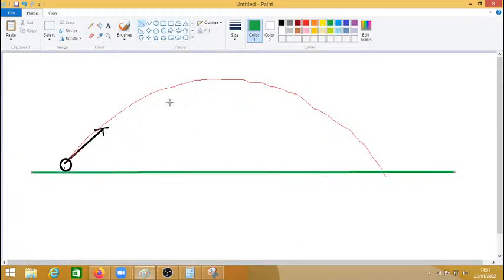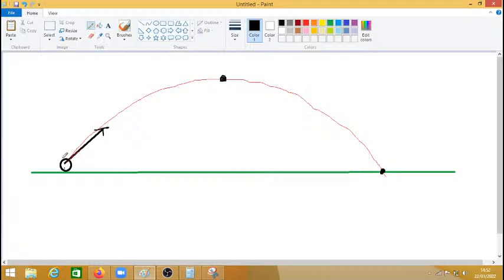So if you think of that really nice rainbow type path that it follows, then what you have to understand is that in the middle, exactly in the middle, is the point where it reaches the maximum height. And then back here, it reaches the ground again. And something very special in terms of mathematics happens at the maximum height.